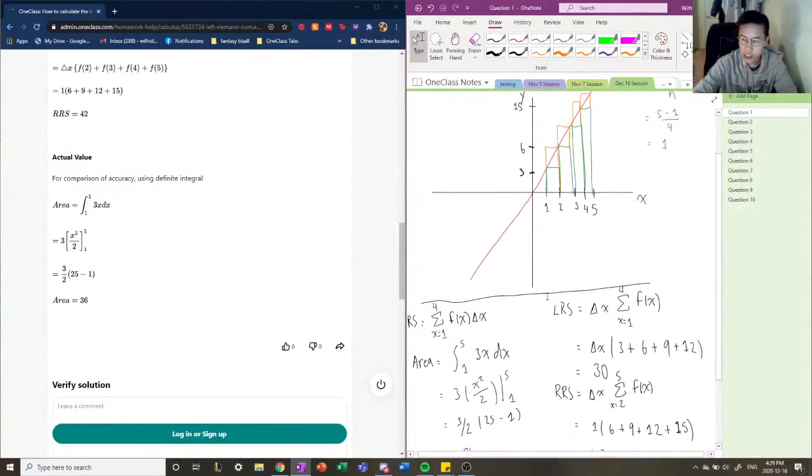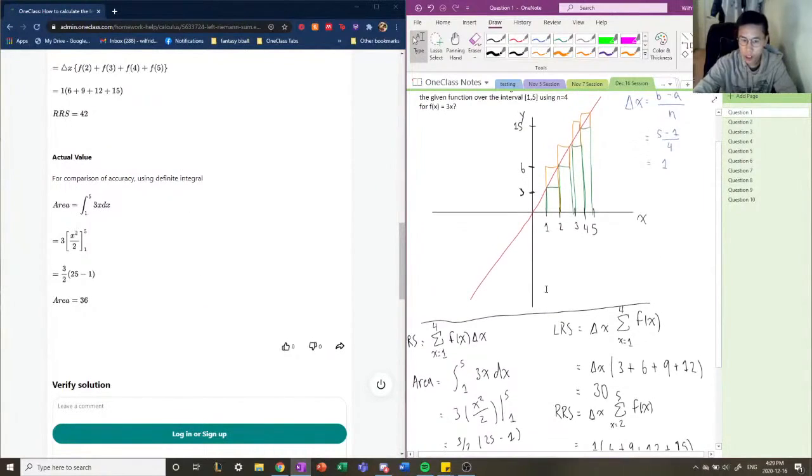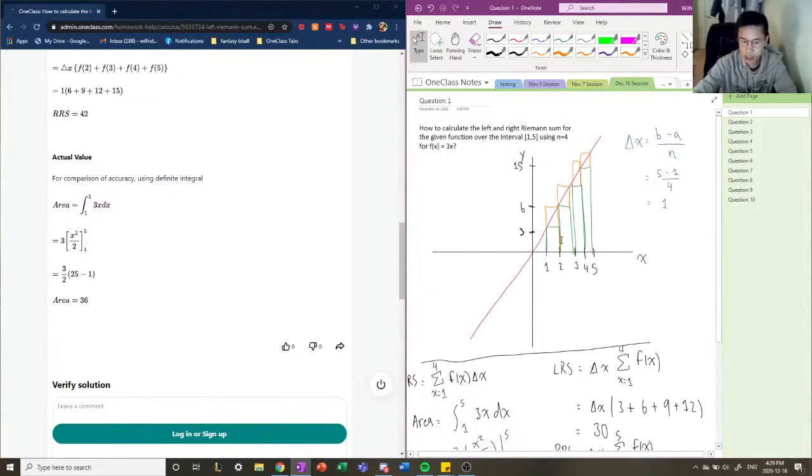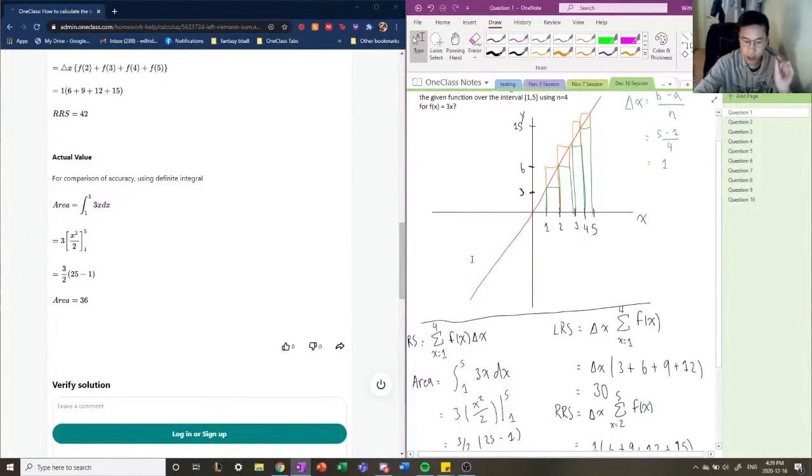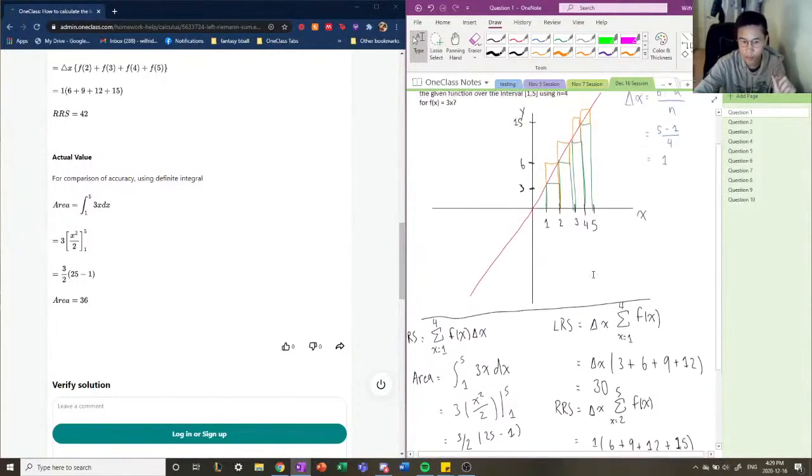So actually, the integral can be derived from the right and left Riemann sum. The way that is derived is that the integral actually calculates the addition of very, very small rectangles with very small width altogether. So as the width approaches 0, we get closer to the actual area under the curve.